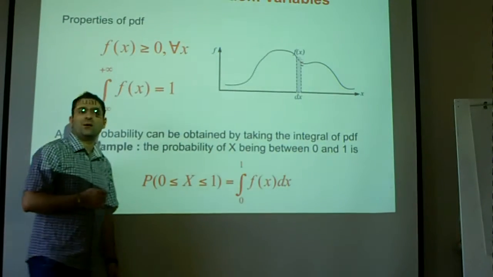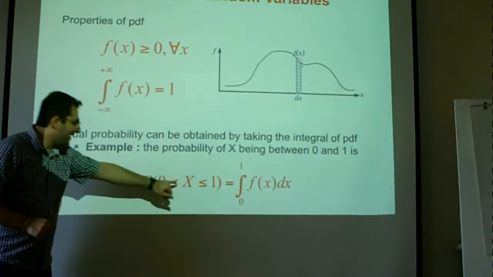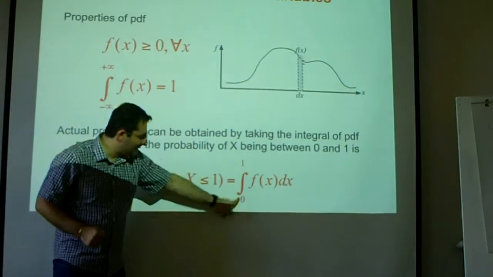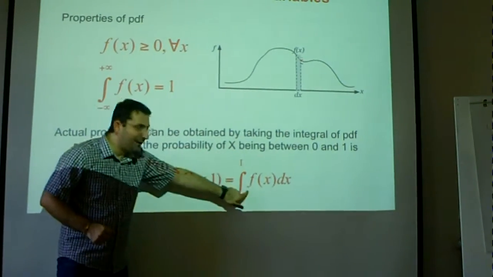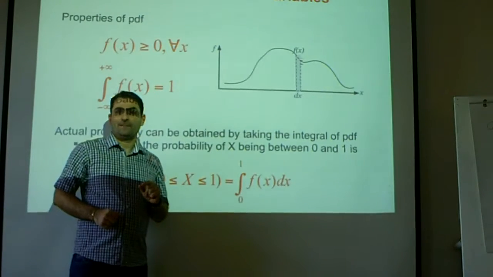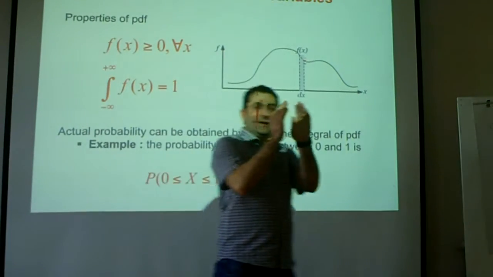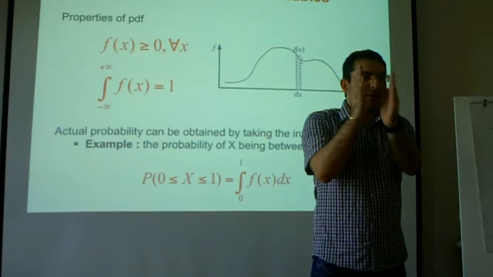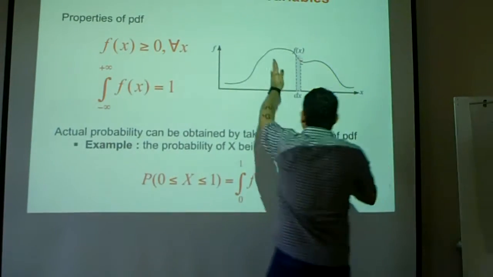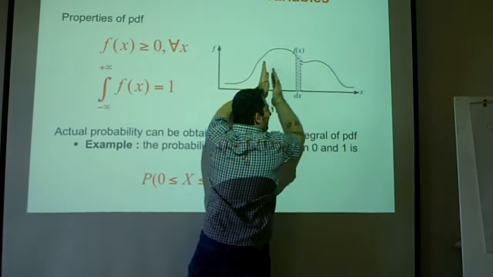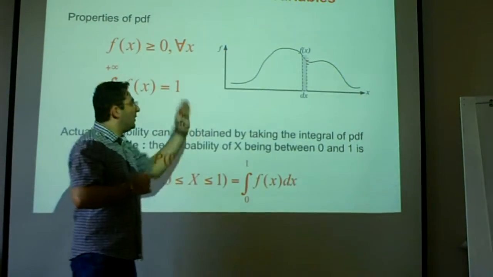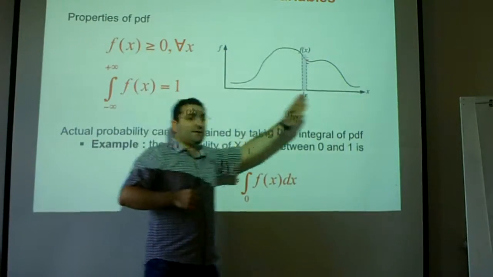If I want to know the probability of x between a and b, it's the integral from a to b of f(x) dx. So the area underneath this curve will tell you the probability between two variables. So if this is a and this is b, this area will tell you the probability x is between a and b.